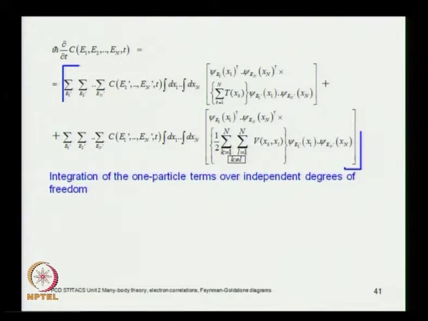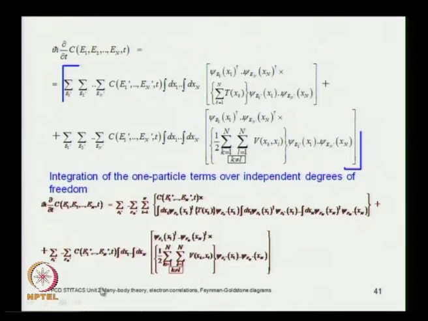So, first let us take the kinetic energy terms, and the kinetic energy term, the one which depends on the argument k, will have the operator T(xk) sandwiched between ψ dagger and ψ with the arguments xk over here as well as over here, and you have an integration over xk. Okay.